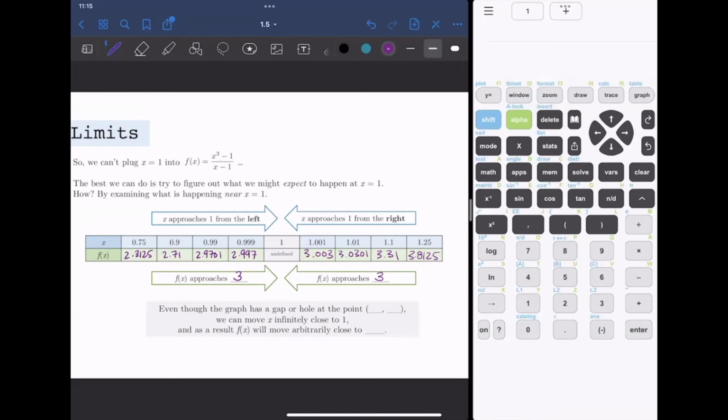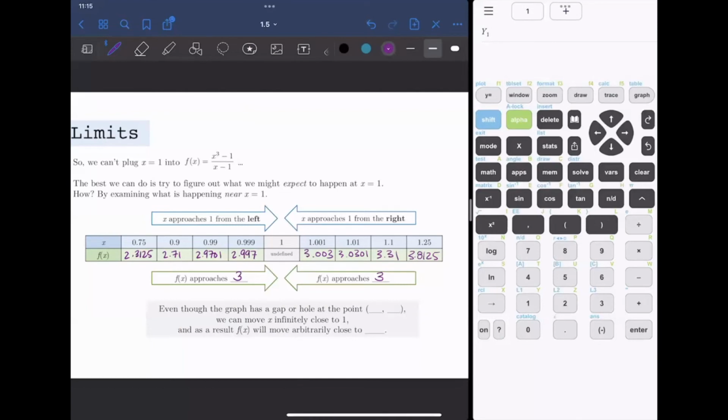So if you hit the vars button, which is below the up, down, left, right arrow keys, and then you hit enter on functions, which should be your first option, it brings you to a list of y1, y2, y3, etc. Wherever your equation is plugged into, which mine is in y1, so I'm going to hit enter on y1. Oops, you've got to be on the home screen. So there we go. It should put that on the home screen here.